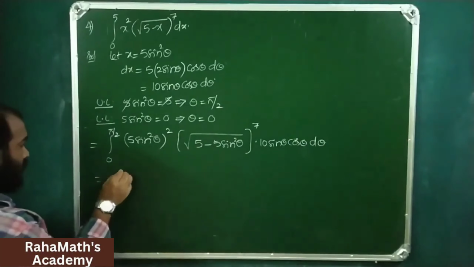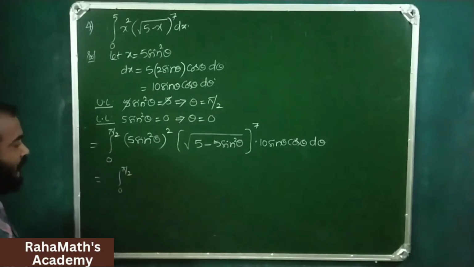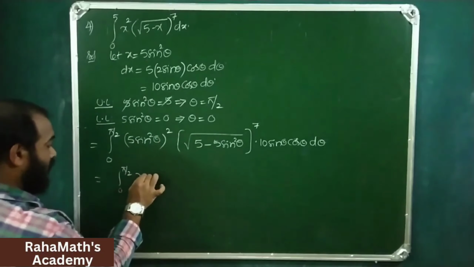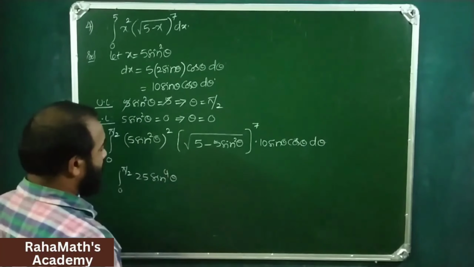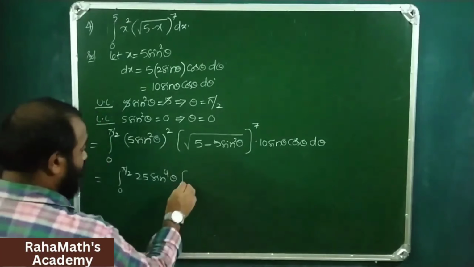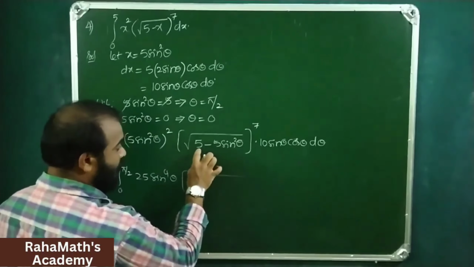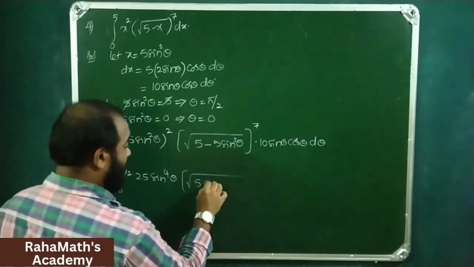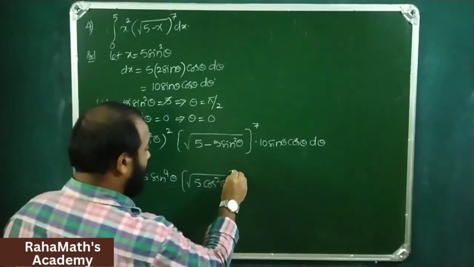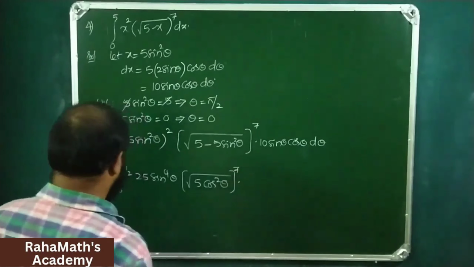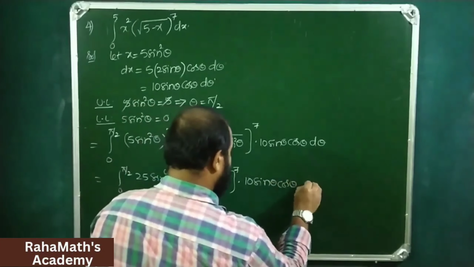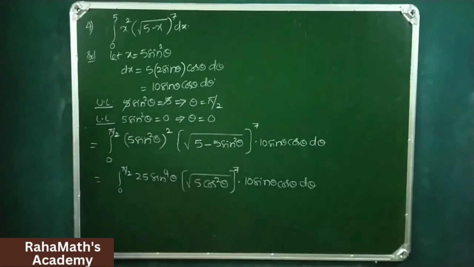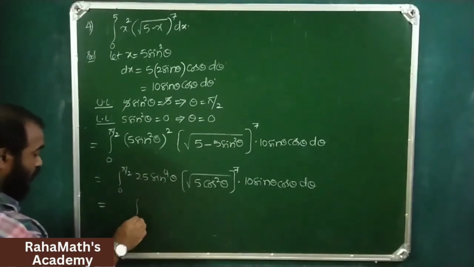This is equals to integral 0 to pi by 2, 5 square, 25, sin square whole square is sin power 4 theta, into square root of, if you take 5 common, 1 minus sin square theta is cos square theta. So 5 cos square theta whole power 7 into 10 sin theta cos theta d theta.